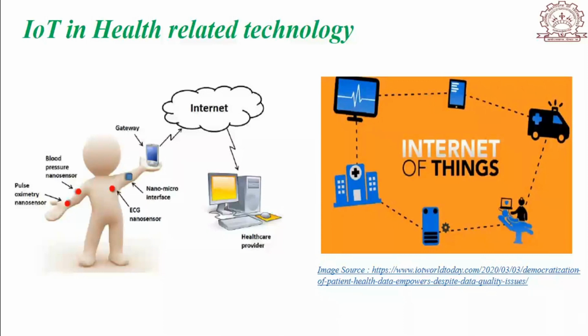Even at old age, the parents may be alone. It has been seen in the news that with sugar patients and other diseases, some mishap occurred and nobody was there to take care. So this kind of mishap can also be reduced with the help of IoT.